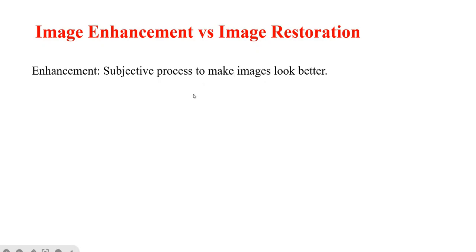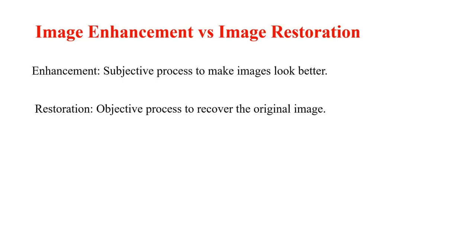Now we will see what is image restoration. Image restoration is more scientific and objective. It is an objective process in order to recover the original image. That is, here the goal is to recover the original image that was damaged due to blur, noise, motion, or other factors.